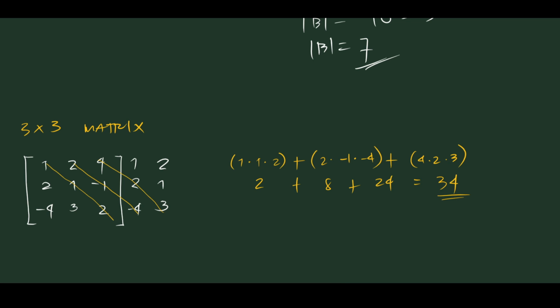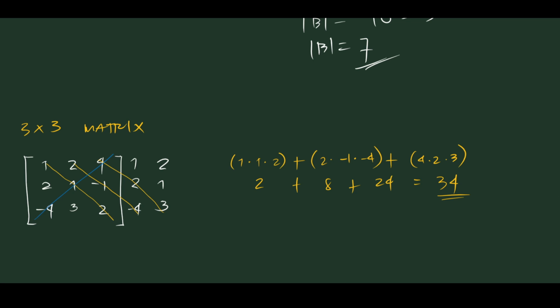And then we are going to subtract. So you create another diagonal here, orthogonal to it. What are we going to do with this? We're just going to multiply and add again. So a negative 4 multiplied by 1 multiplied by 4. Sorry, this color is too bright. Let's change the color. I'm just going to use blue here.